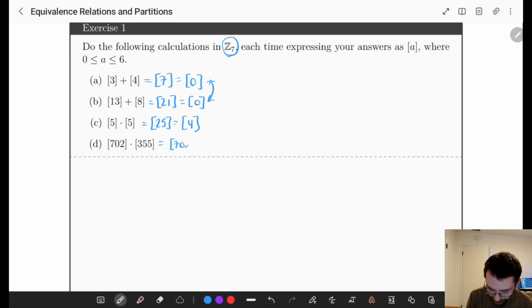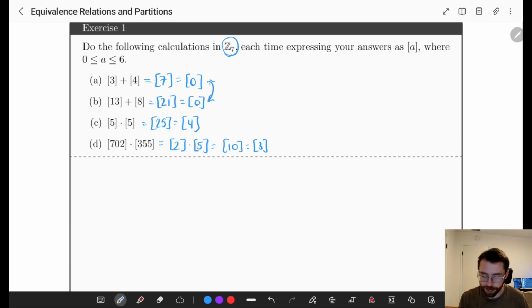This is 700 plus 2, and 700 is a multiple of 7. So that's remainder 2. How about 355? Well, 350 is a multiple of 7. It's 50 times 7. So that's remainder 5. 2 times 5 is 10. Again, I can just take the remainder mod 7 as much as you need to. That gives you 3.